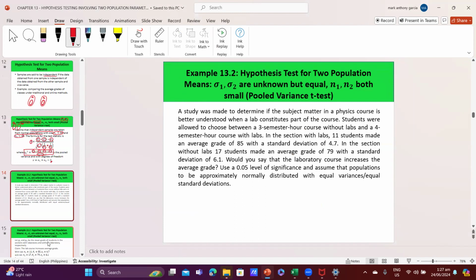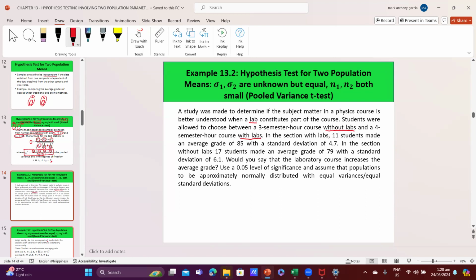So to illustrate this particular case, let's consider this example. A study was made to determine if the subject matter in a physics course is better understood when a lab constitutes part of the course. Students were allowed to choose between a 3-semester hour course without labs and a 4-semester hour course with labs.